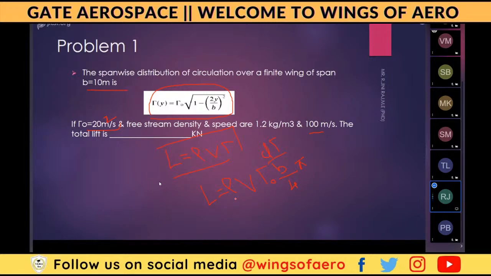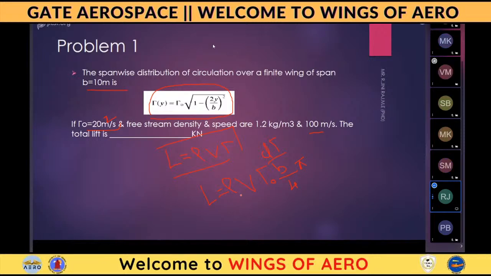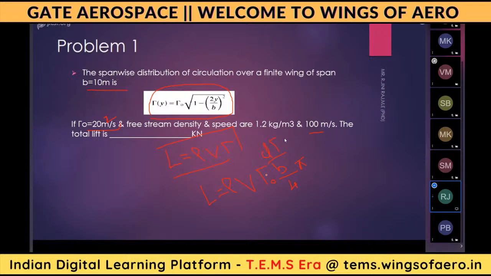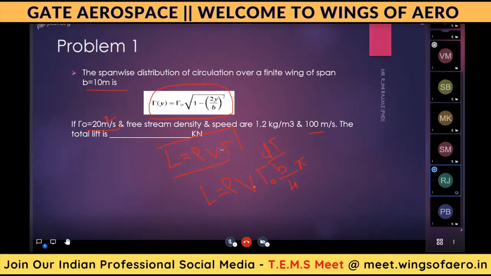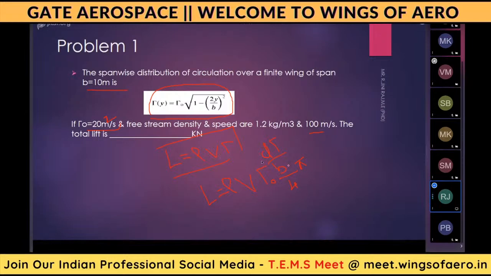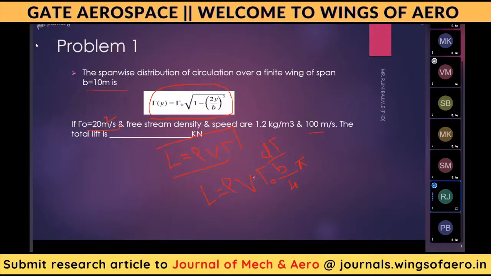So here also see, for rho, the unit is kilogram per meter cube. Then for velocity, meter per second. Here meter square per second. Then for span, it is meter. Here we have meter, meter square, meter, therefore meter power 4.